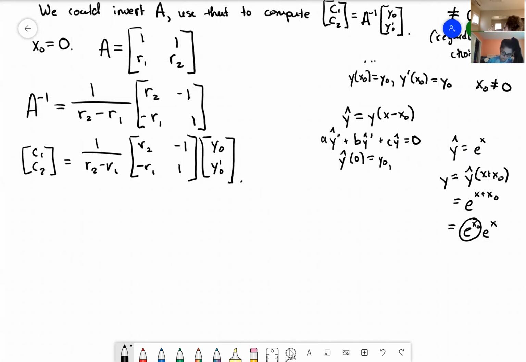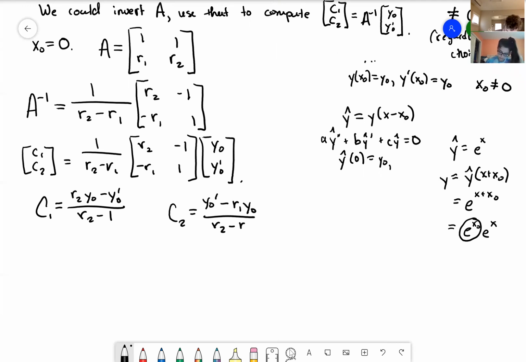And this gives us C1 is equal to, just multiplying it out, R2 y0 minus y prime 0 over R2 minus R1. And C2 is y prime 0 minus R1 y0 over R2 minus R1.